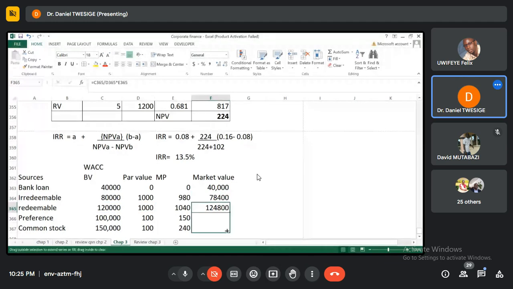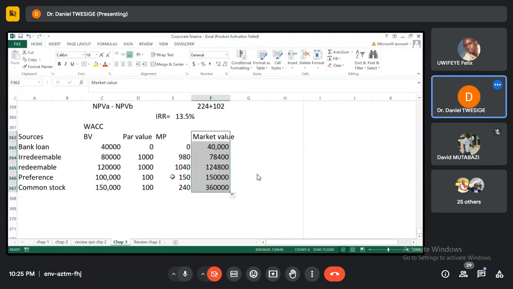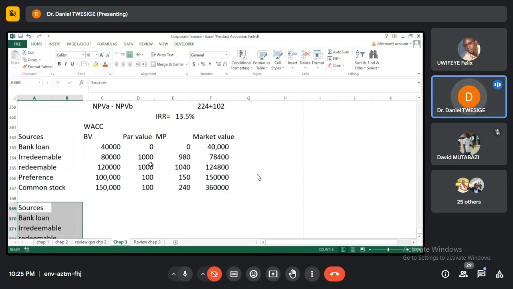So I think I can now scroll. What I need is these values, the market values. Depending on what I want, I can copy this one down. This was just a working to get the market value, but you can do it anywhere.